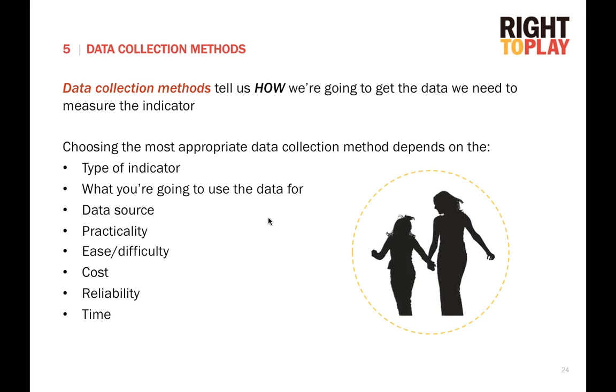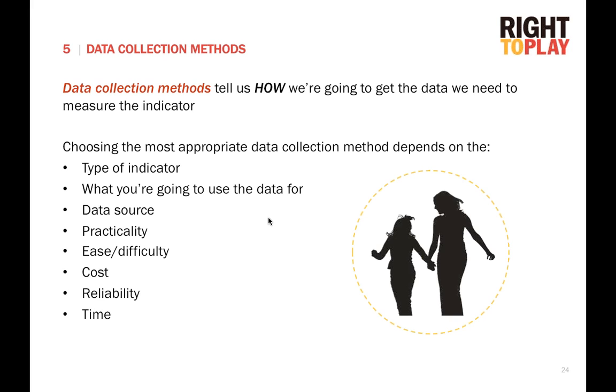You want to think about the data source. If you're collecting information directly from people, you really need to consider their time and their availability. And how much of their time can you really take with collecting information about your particular program? Whether it's children or leaders or teachers, they all have busy lives outside of their Right To Play involvement, and we need to be really mindful of that.